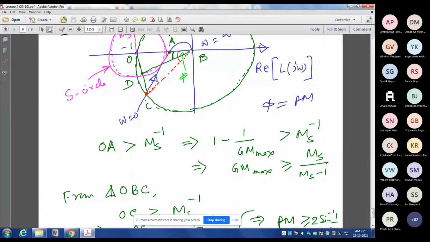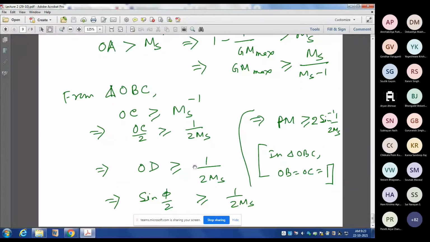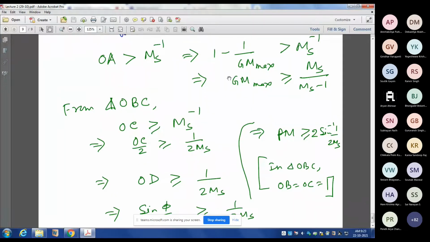So OD equals sine of phi by 2, which is greater than or equal to 1 by 2 Ms. So from there you can get phi is greater than or equal to 2 sine inverse of 1 by 2 Ms. So this is your phase margin inequality, and this is your upper side gain margin inequality.